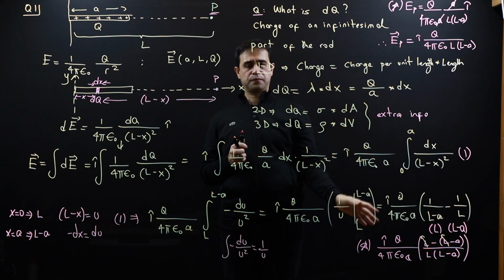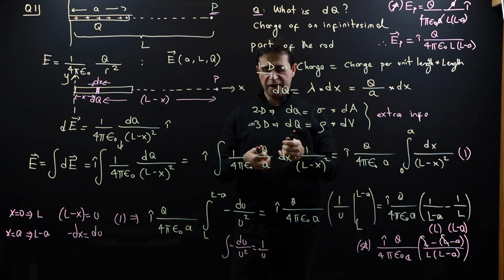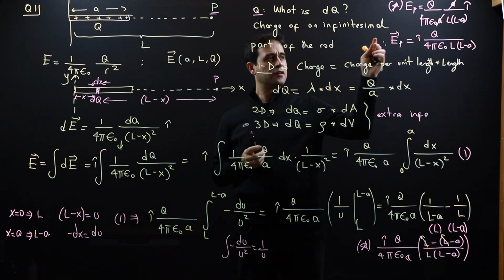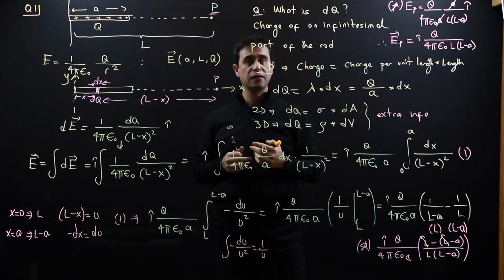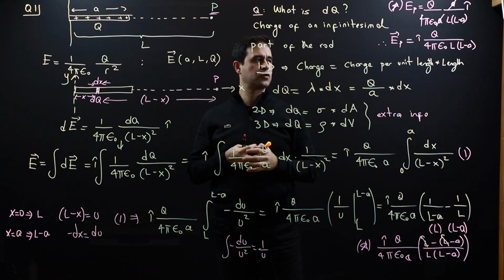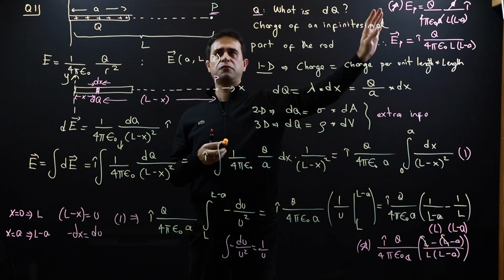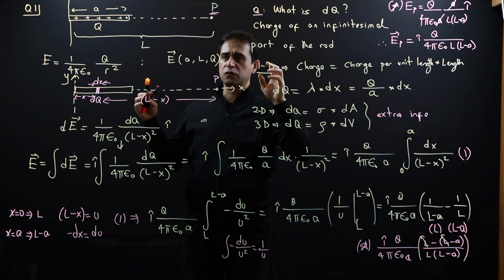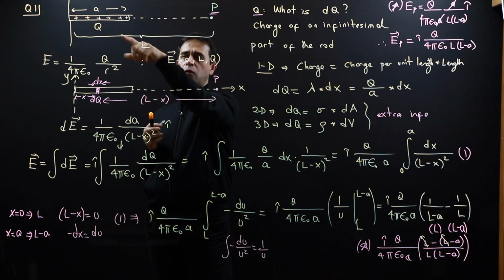Okay, so I hope this is clear, but there's a nice thing in physics. We can actually look at this final answer and take an asymptotic limit, which means if you take this point P very, very far away from this rod, just imagine yourself sitting at P and looking at this rod. What will you see?